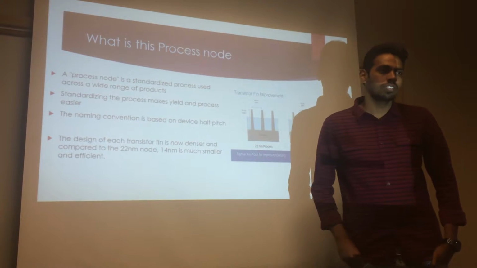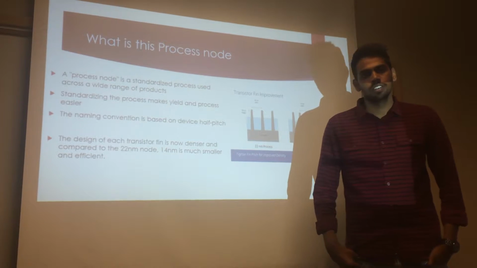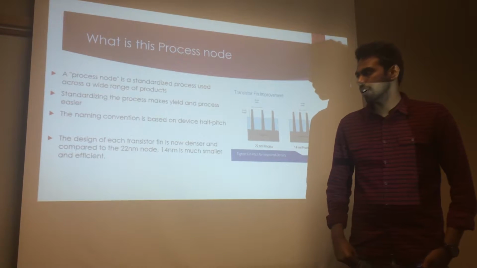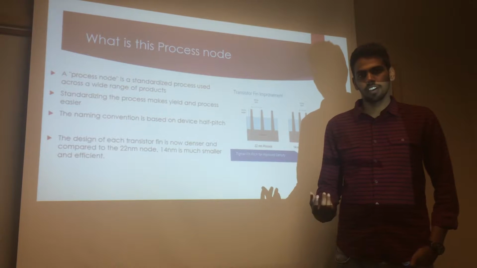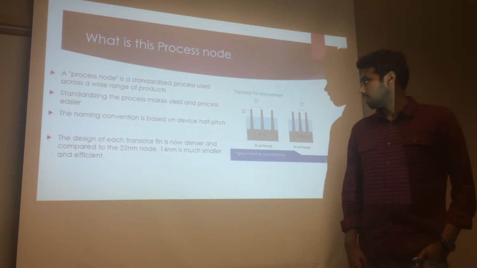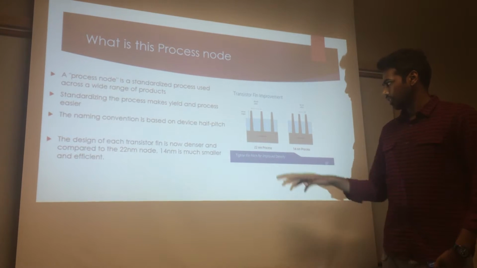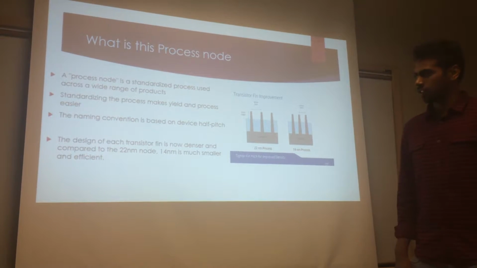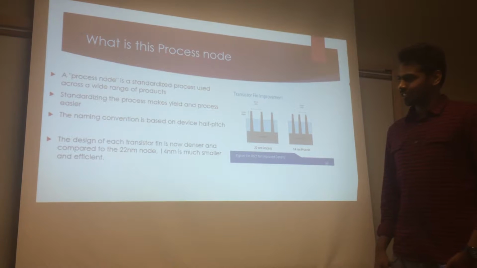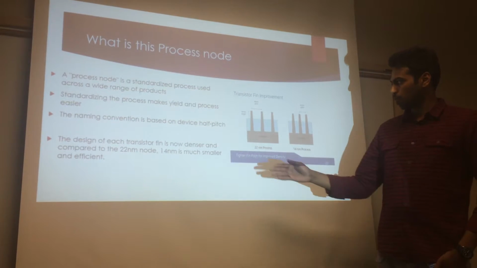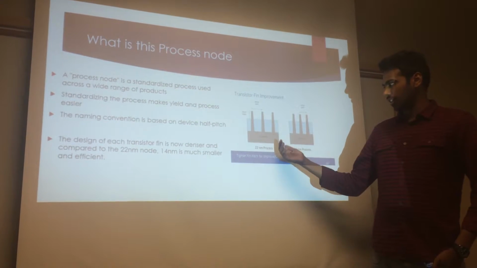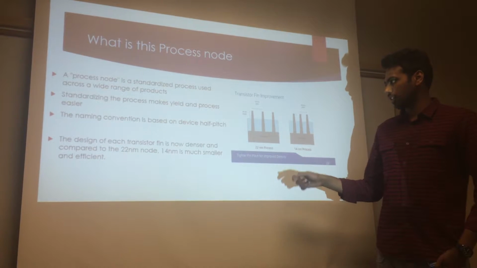So how is this named 22 nanometer, 14 nanometer? The naming convention is simple. It's based on half pitch. If you take a look at this picture, the one which is to the right is 22 nanometer process. Half pitch is half the distance between one transistor and another transistor with respect to a particular feature.